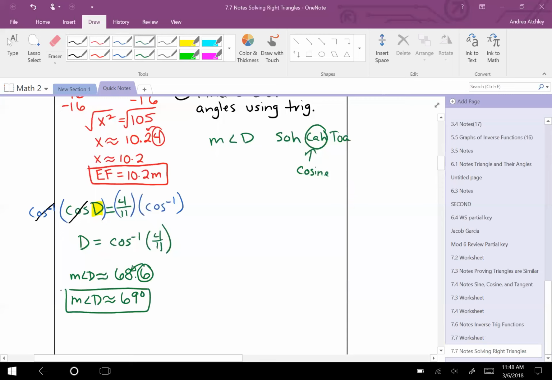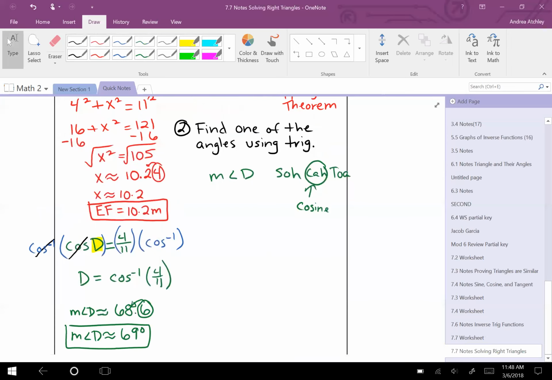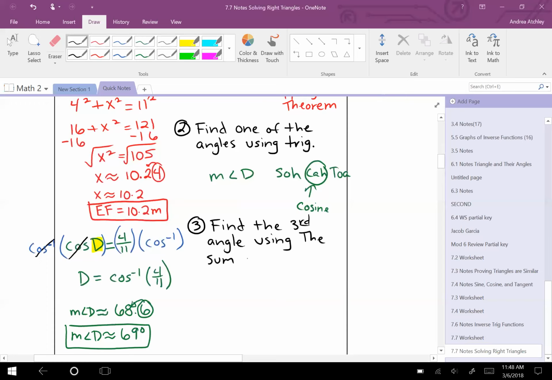Okay, now we have 2 of the angles. We just need to find the third. So our third step, the third angle using the sum of the interior angles of a triangle equals, what are the sum of the interior angles of a triangle?